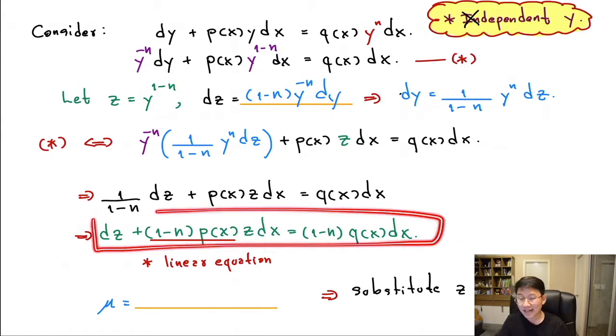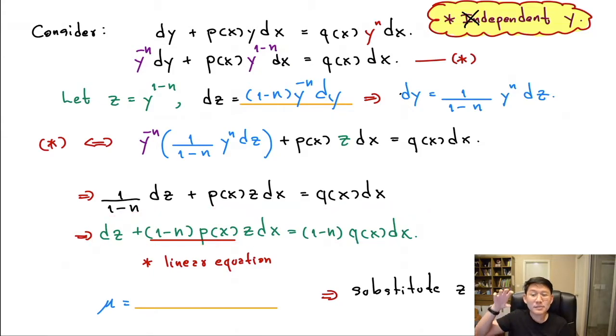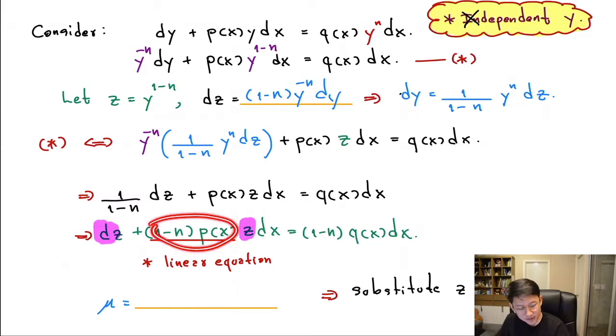And guys, it becomes a linear equation, right? We have z, we have dz, and here is only x, and here is only x. So it becomes a linear equation when z is the dependent variable.